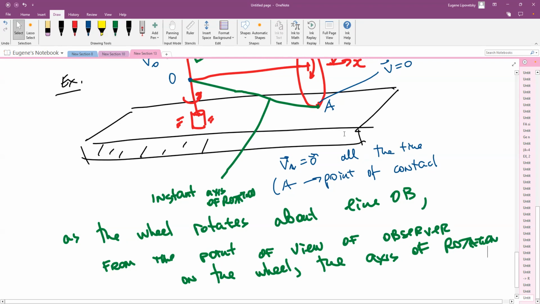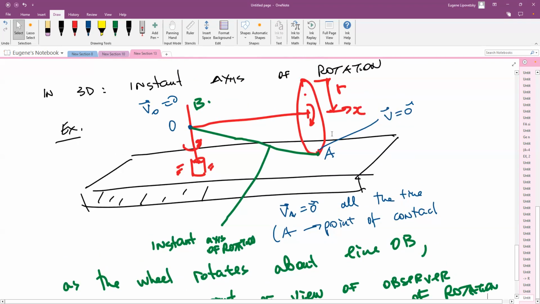When you observe sitting on this one, how do you see this thing moving? When you're here, it's down there. When you're there, it's down here.